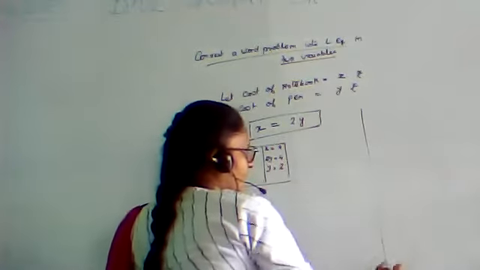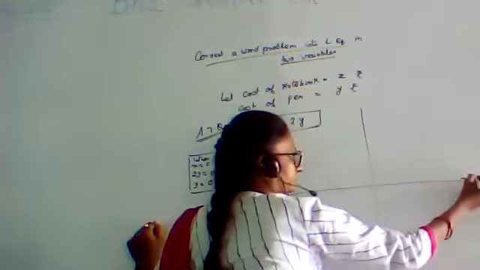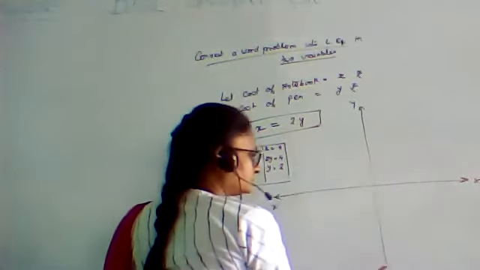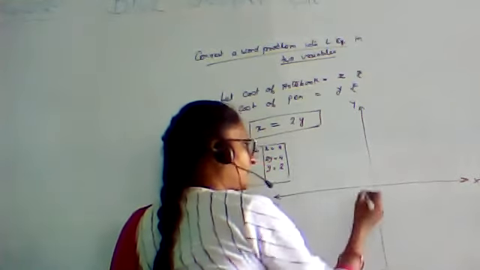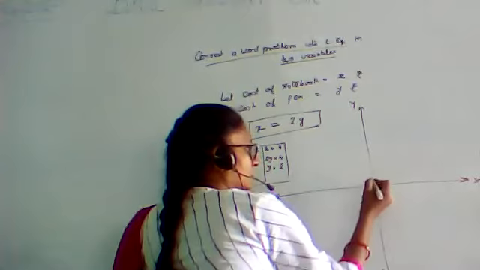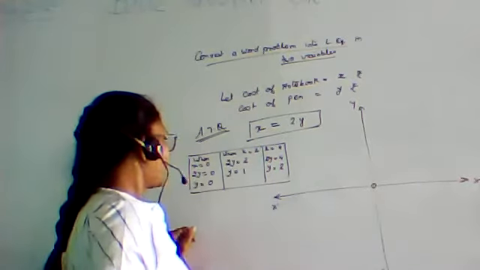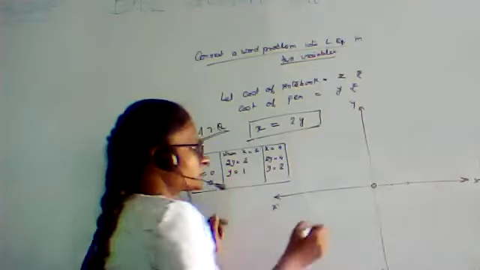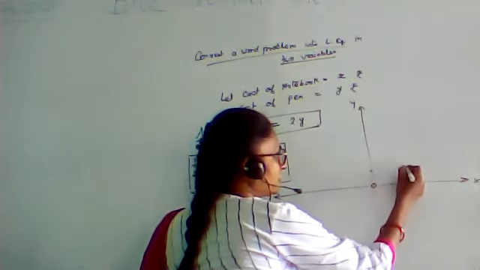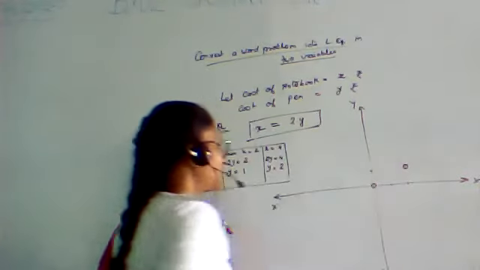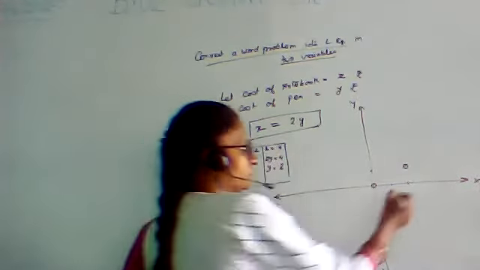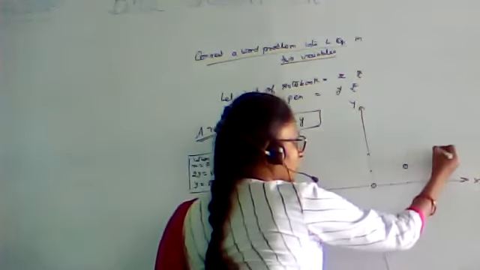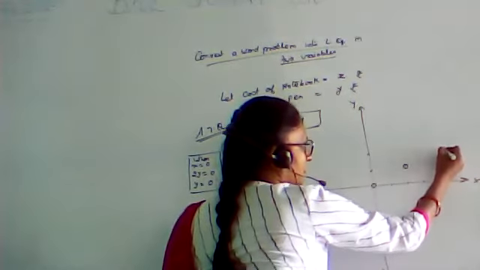Now on the graph paper, ये तो आ गया 0, 0. जब x की वैल्यू 2 है, y is equal to 1, this is the point 2, 1. When x is equal to 4, y is equal to 2, then this is the point.